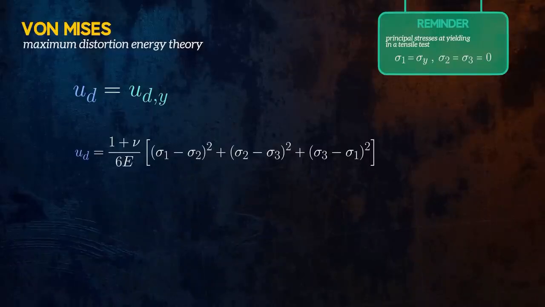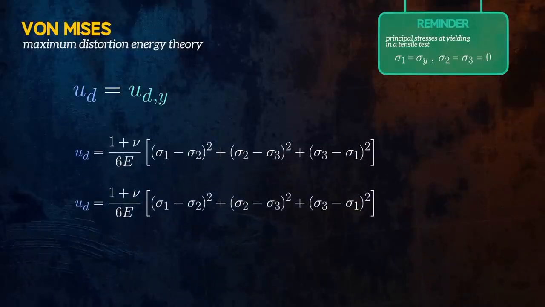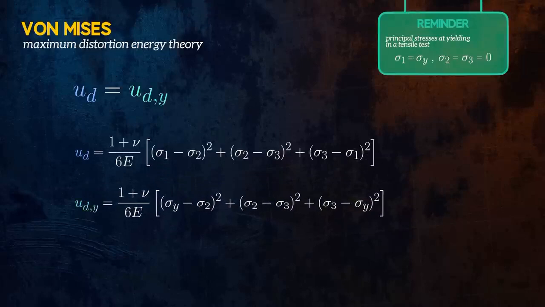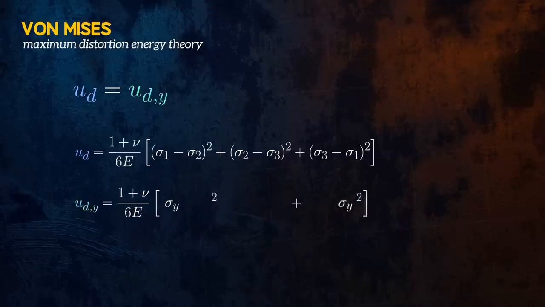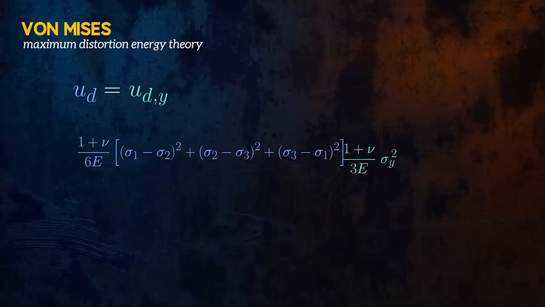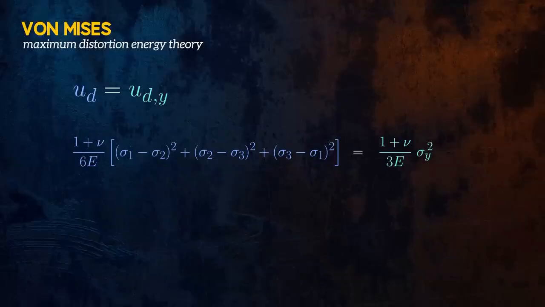So we can calculate the distortion energy at yielding in a tensile test by plugging in the appropriate principal stress values. And by equating the distortion energy at yielding with the general equation for a triaxial stress state and rearranging a bit, we get an equation that defines the von Mises failure criterion.